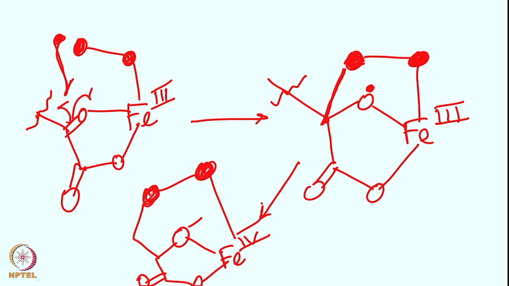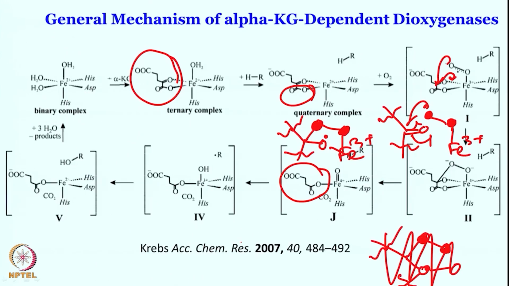I hope you got it correct without any trouble in understanding, right. So, this radical attacks at this carbon center and that oxygen radical forms, with one electron transfer from that center, to give rise to iron 4 and this carboxylate. Anyway, let us move on.